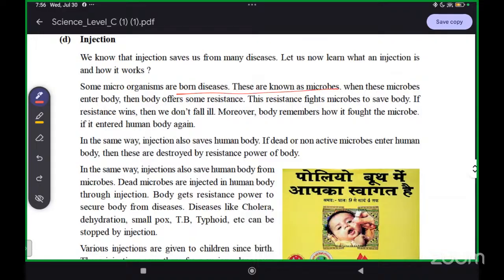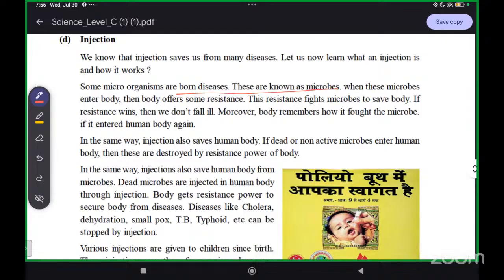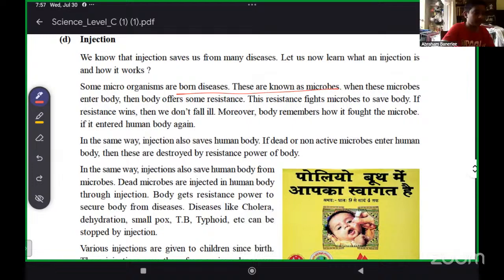When these microbes enter our body, yes, Abraham. Ma'am, did you know that there are synthetic antibiotics even? Synthetic antibiotics, I think I've heard about it, Abraham. Also, ma'am, antibiotics don't cure all.